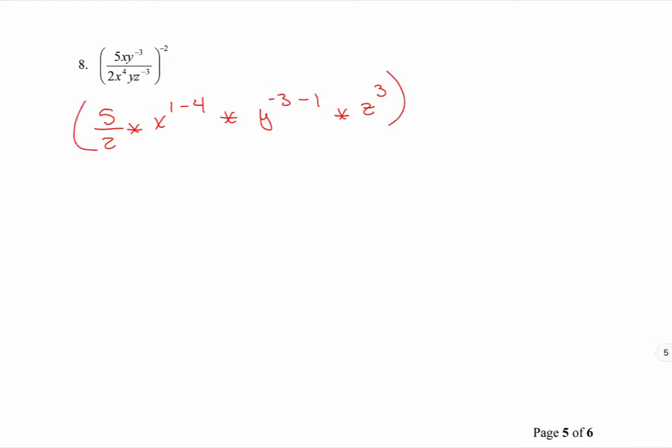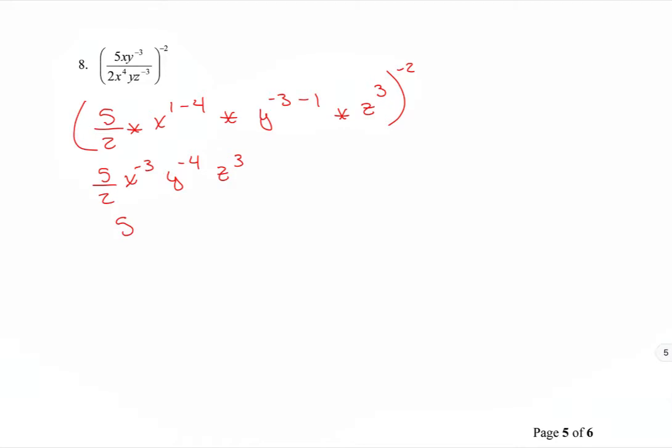All of this is raised to the negative 2. So this becomes 5/2 x to the negative 3, y to the negative 4, times z to the 3.